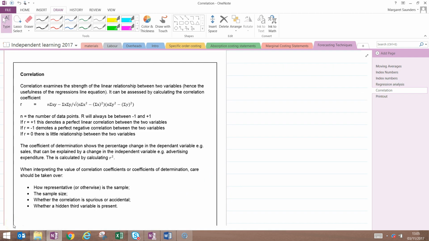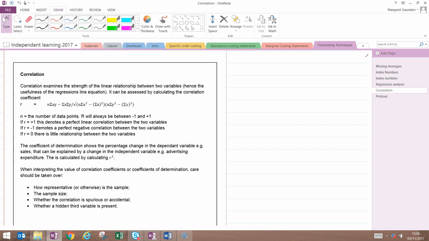So we've seen that there was some inaccuracy in our model. What we can also calculate is the correlation coefficient. This will tell us how strong the relationship is between the two variables in our regression model.